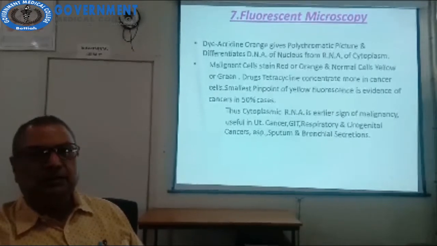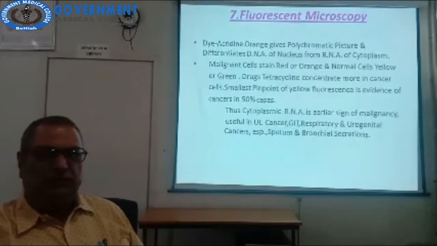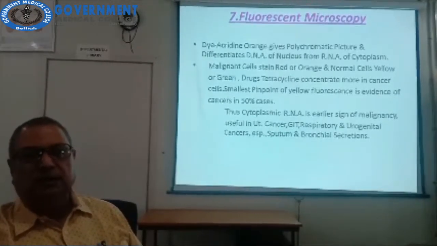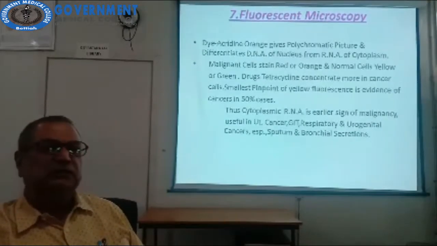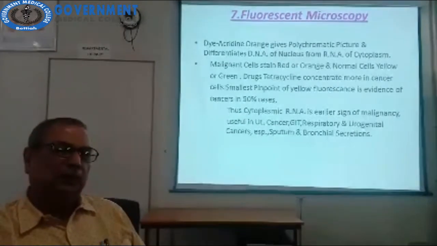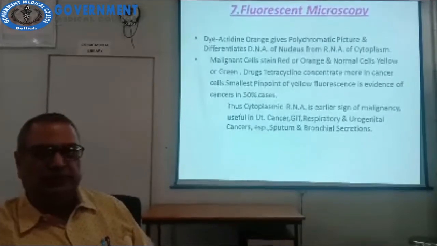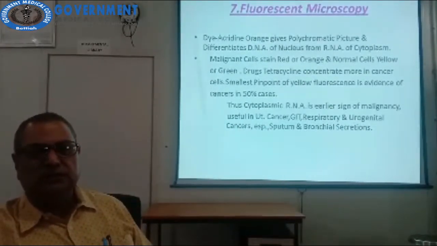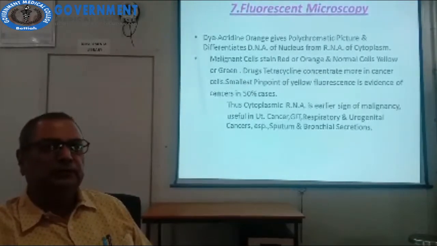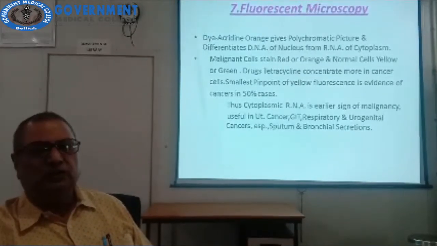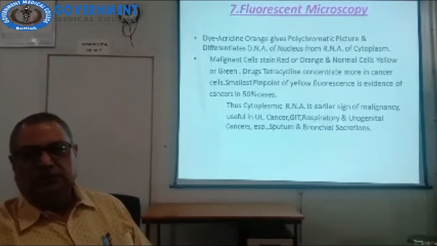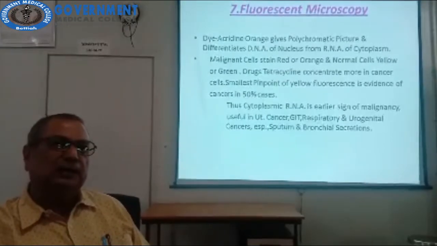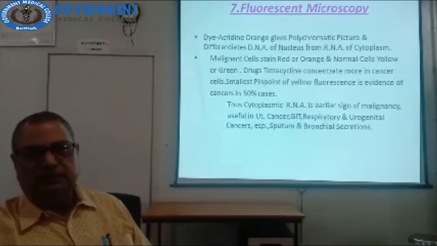The drug tetracycline concentrates more in cancer cells, and a small pinpoint of yellow fluorescence is evidence of cancer in 50% of cases. Thus, cytoplasmic RNA is an early feature of malignancy.